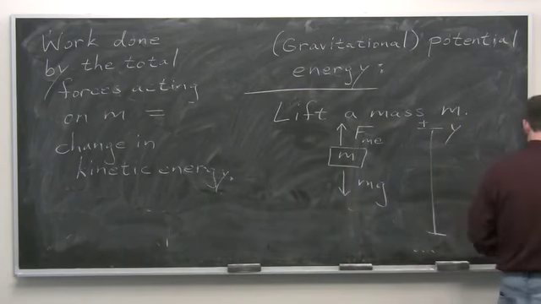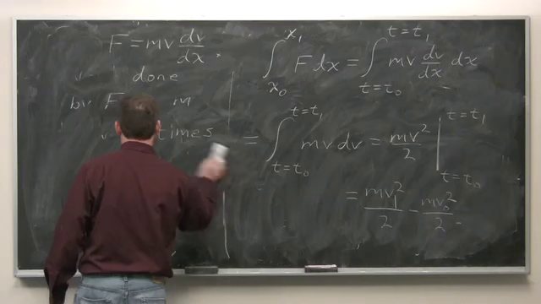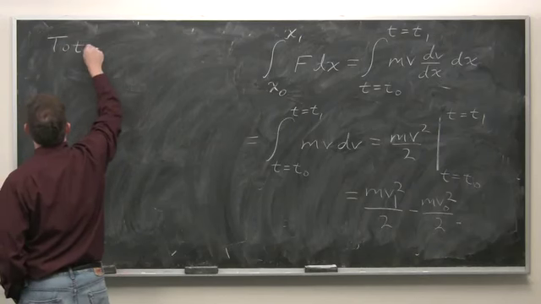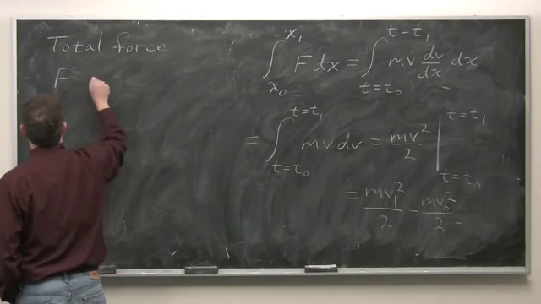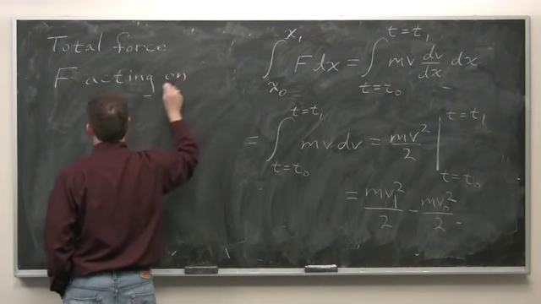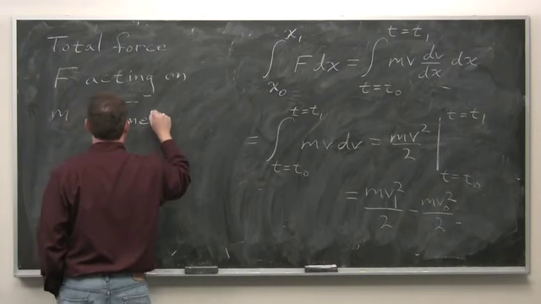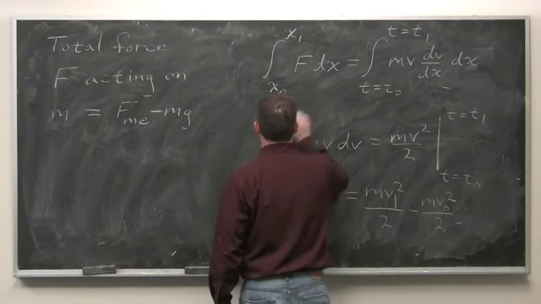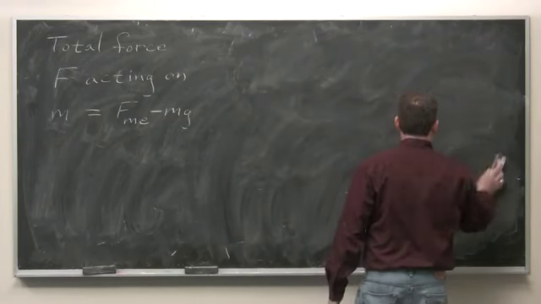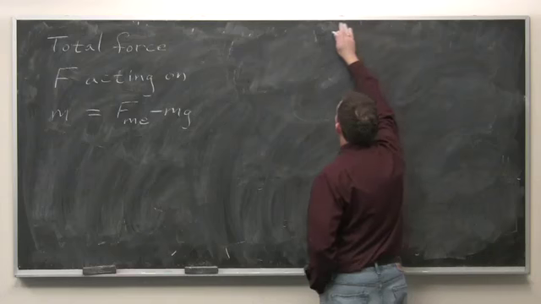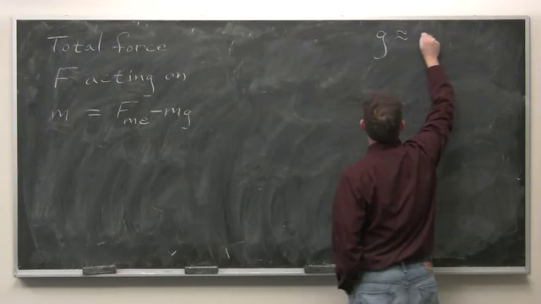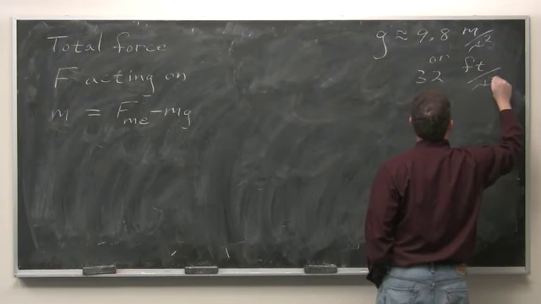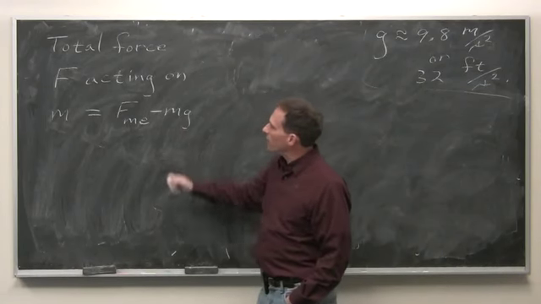So the sum of the forces acting on the object, my coffee cup, the total force F acting on m, is the force that I exert minus mg, where g is the gravitational constant in metric units. It's approximately 9.8 meters per second squared. In English units, it's about 32 feet per second per second. So the total force acting on m is this.